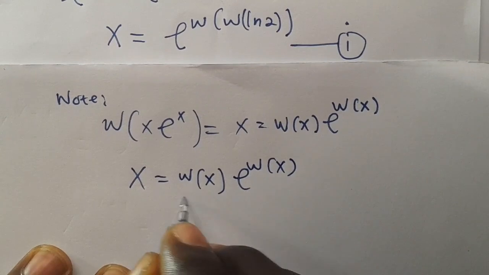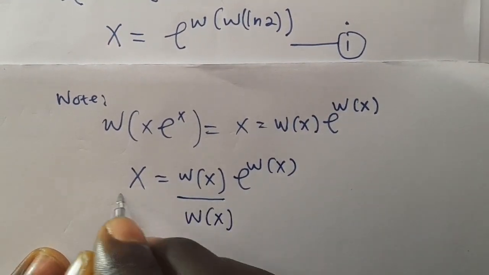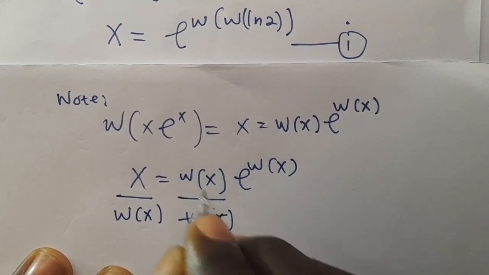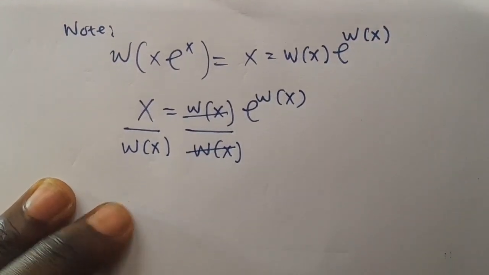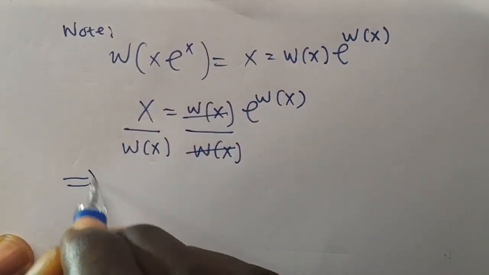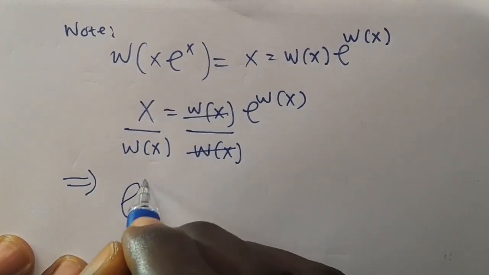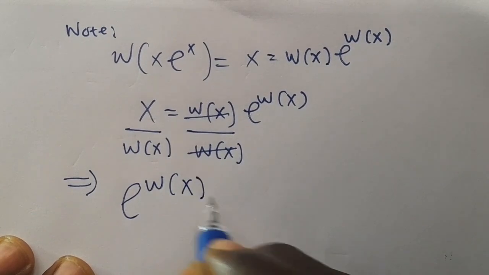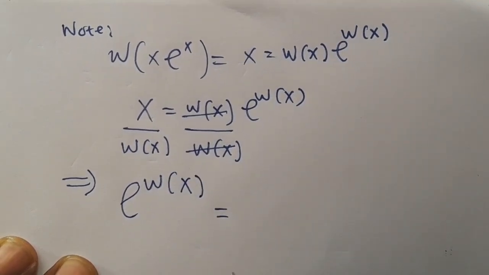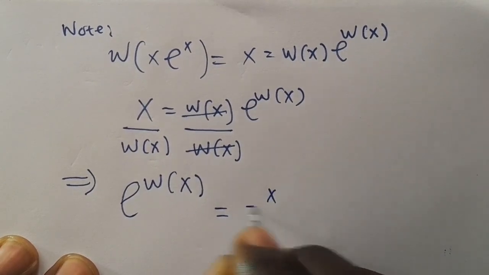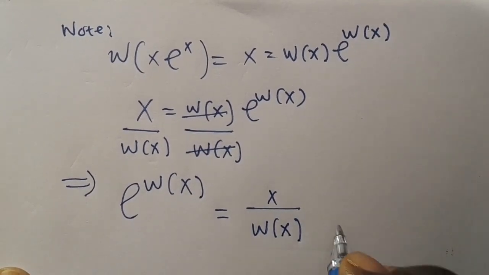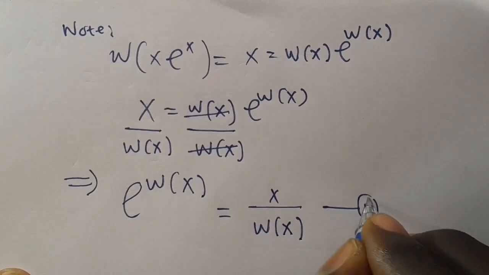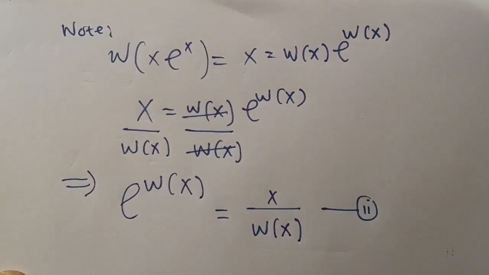And by dividing both sides by this W of x, this will take away this, which means that we have e raised to power W of x will be equals x divided by W of x. And we take note of this to be question 2.